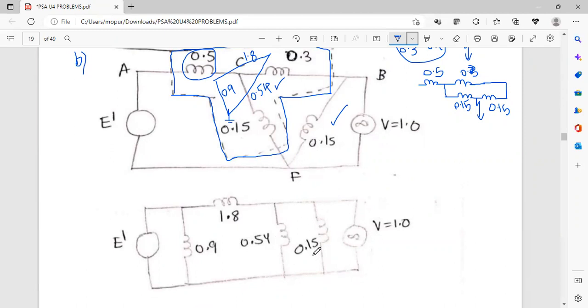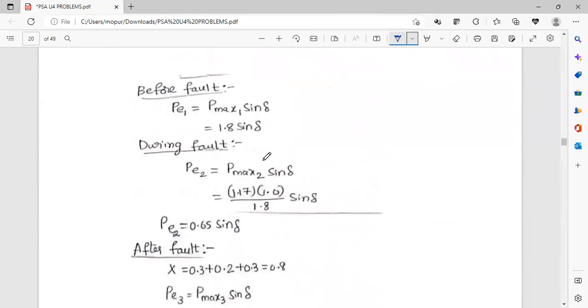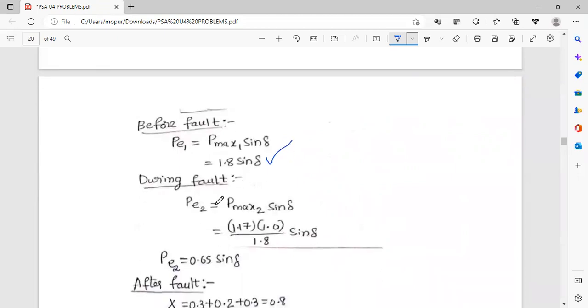Now, the important thing is, before fault condition, we had already derived an expression in the first application. During fault condition, normally this equation can be written as Pmax sin delta, where Pmax is |E'| into |V| divided by X. I had already found the value of E', which I got as 1.17.